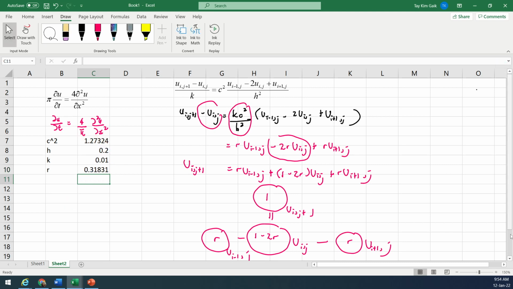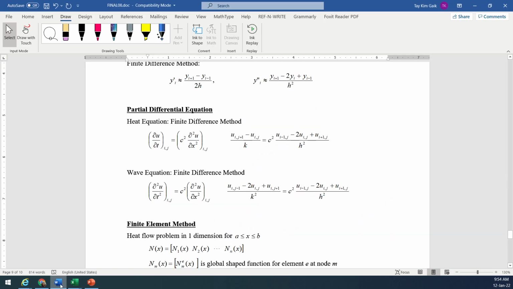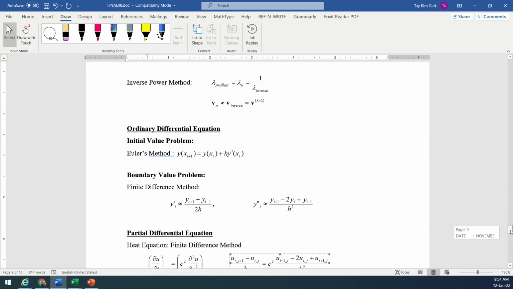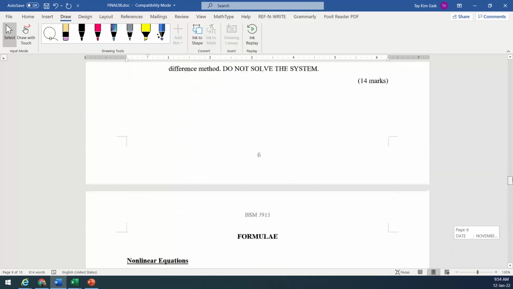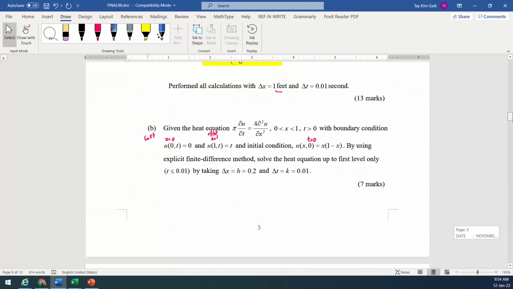Then you may draw your grids from where to where. They want first level only, x from 0 to 1.